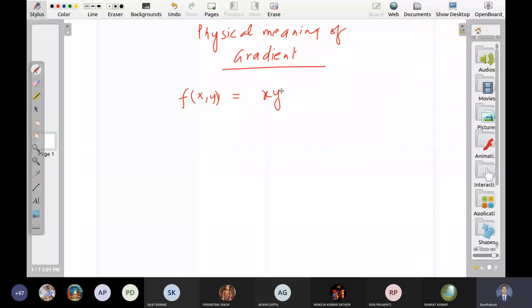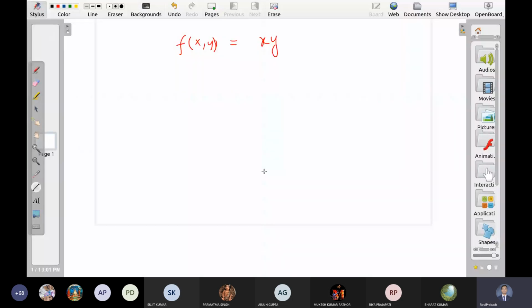So what does this function look like? Let us plot this function. We have one x-axis, one y-axis, this is y, and what we are going to plot is f(x, y), which is actually xy in this example, equal to some constant.